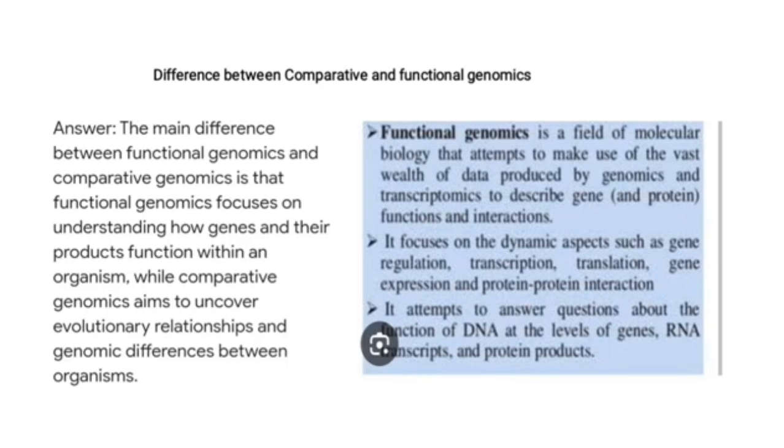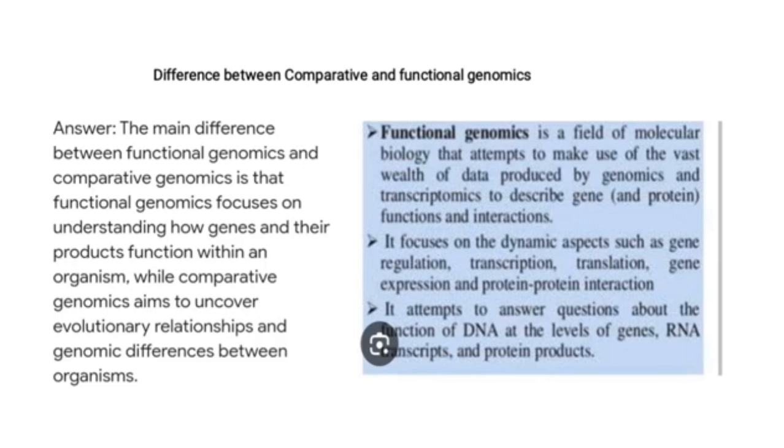Functional genomics is a field of molecular biology that attempts to make use of the vast wealth of data produced by genomics and transcriptomics to describe gene and protein function and interaction. What is the focus? What is the aim of functional genomics? It focuses on the dynamic aspects such as gene regulation, transcription, translation, gene expression, and protein-protein interaction.